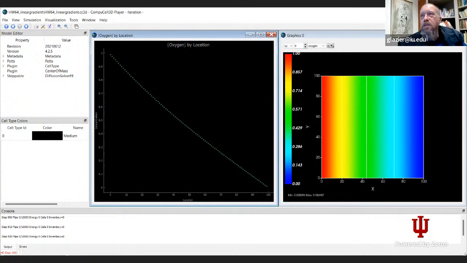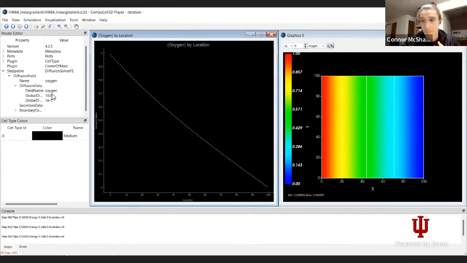You could go into the diffusion solver steppable under the model editor and change those parameters on the fly. If you leave it running, go in there. You have to open everything up, it's sort of a hierarchy. It does have the global decay set to 10 to the minus 2, and the diffusion constant is 10.